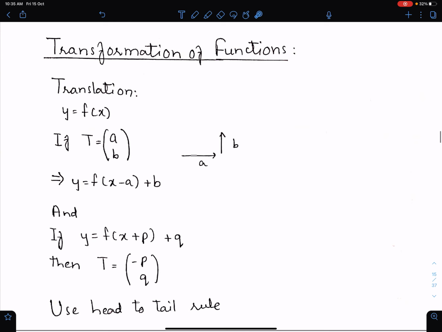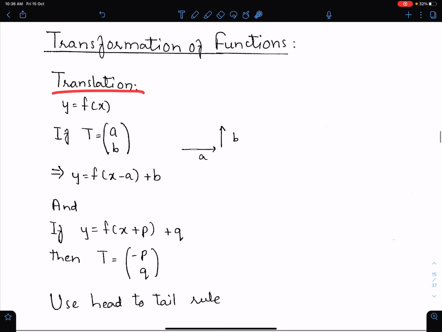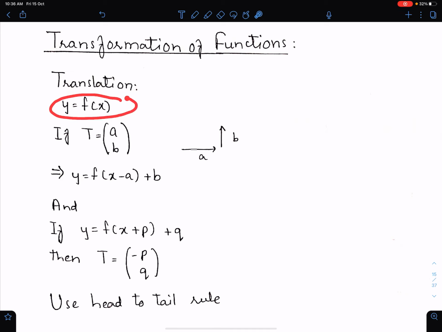The next topic, transformations of functions. The first topic is translation. There are three types of transformations in our syllabus. Number one, translation. If we have this as the equation of the object and this is the translation vector, then to get the equation of the image, we need to replace this x by x minus a, and we need to add b to the resulting equation.